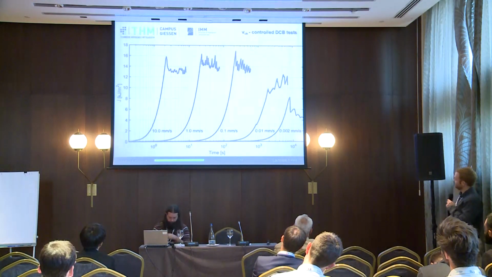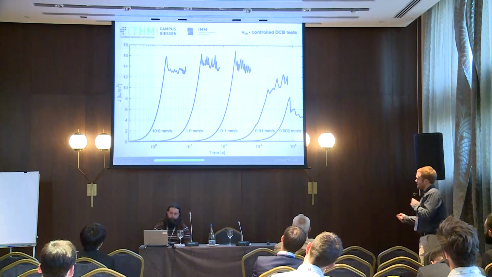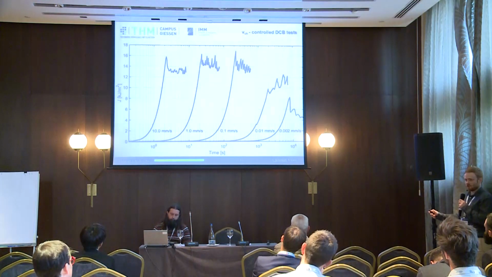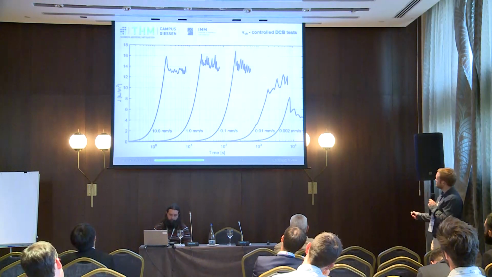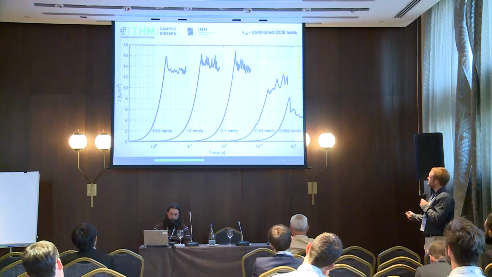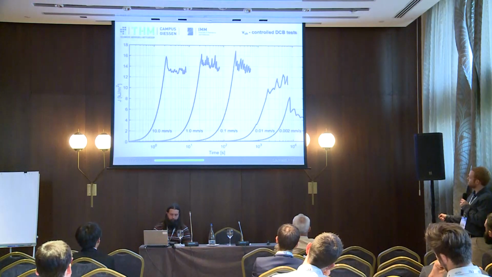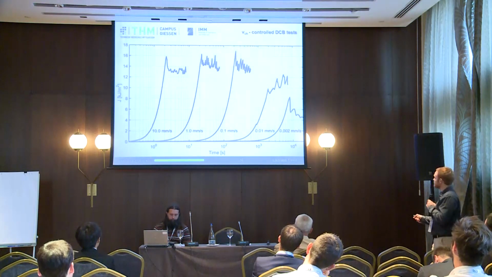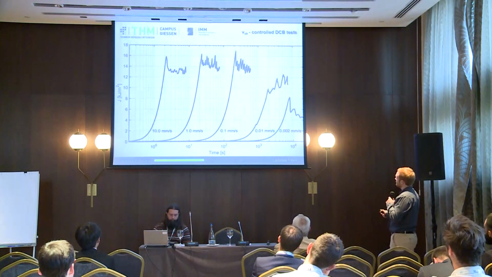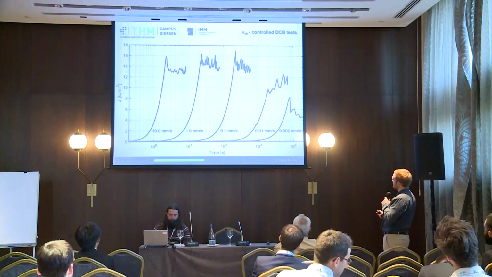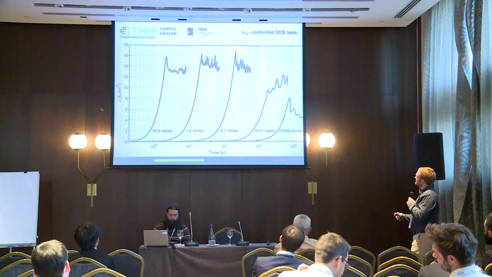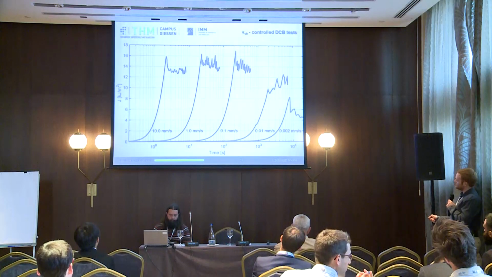So you see here the fracture behavior, and the fracture behavior is unstable. So we have here stick-slip cracking, and the oscillations are very high in this region of test speeds.